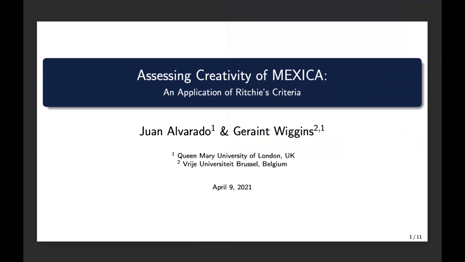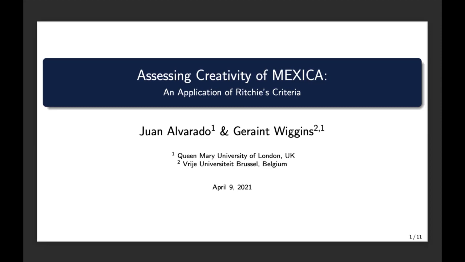So this is the paper we are presenting here. We are assessing the creativity of Mexica, a computer system for the generation of narratives. And for this assessment of the creativity of Mexica, we are using Ritchie's criteria.